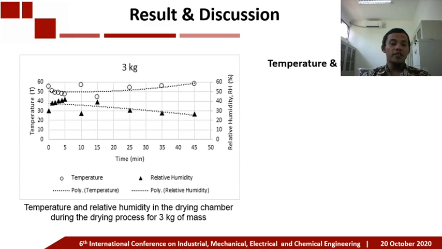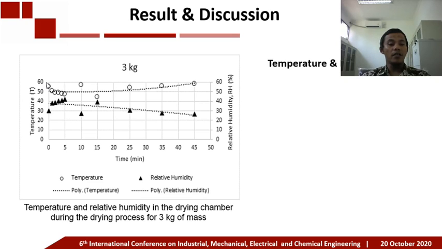And for the 3 kilograms of unhulled rice, the temperature and relative humidity in the drying chamber, we can see, are different from the 1 and 2 kilograms that you saw before. The 3 kilogram capacity has different characteristics. This graph shows that the decrease in temperature and the increase in relative humidity occur in the first 5 minutes.